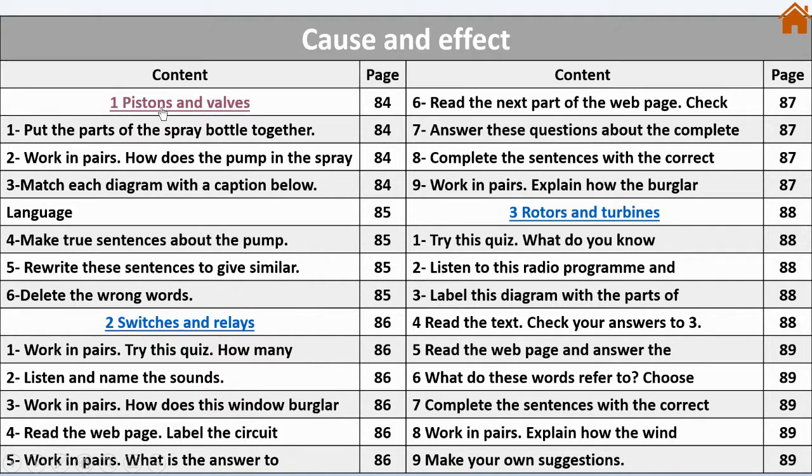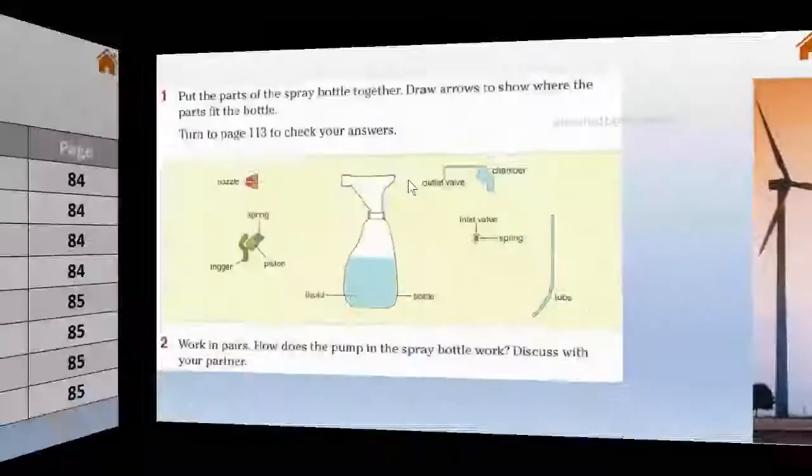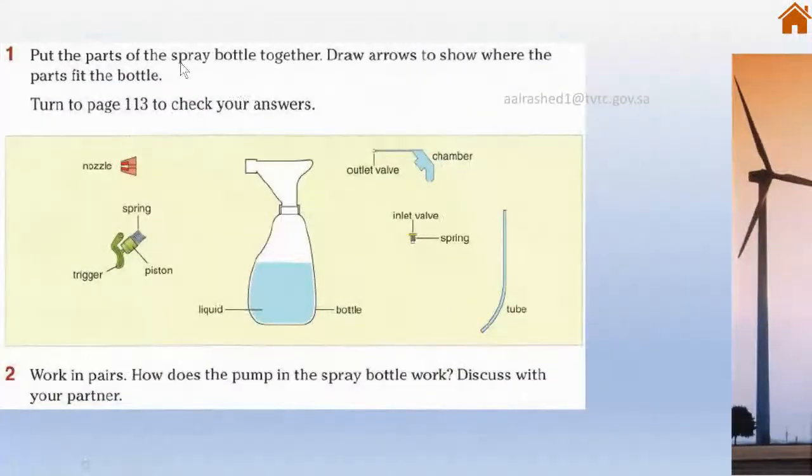For number one, we talked about pistons and valves. We went through the spray bottle. This is an example. We went through its components. What are the components of the spray bottle? They are nozzle, spring, trigger, piston, liquid, bottle, tube, inlet valve, outlet valve, chamber.